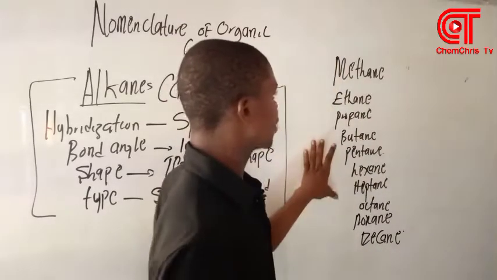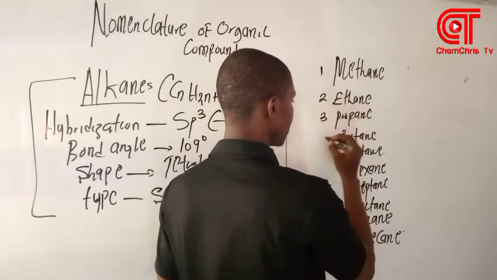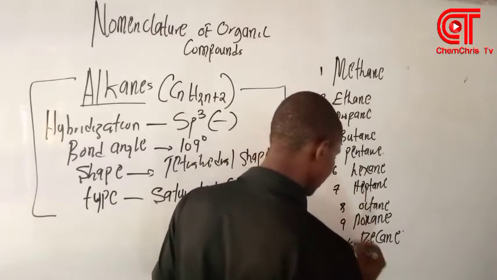So you want to know the first 10 members of the alkane: 1, 2, 3, 4, 5, 6, 7, 8, 9, 10.